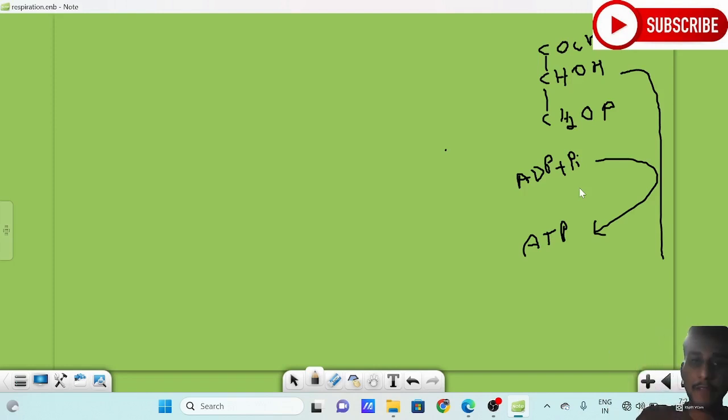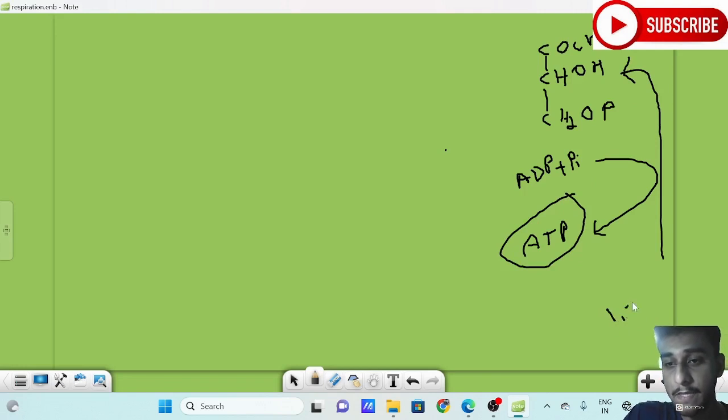So we have formed from 1,3-BPG, we have come to 3-BPG, and look here, an ATP is formed from 1,3-BPG to 3-BPG.